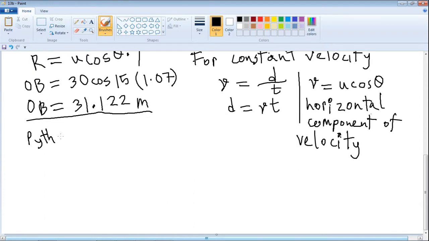Pythagoras, I can't even spell your name. Please forgive me, Pythagoras. Just kidding. Pythagoras was one of my favorite mathematicians.